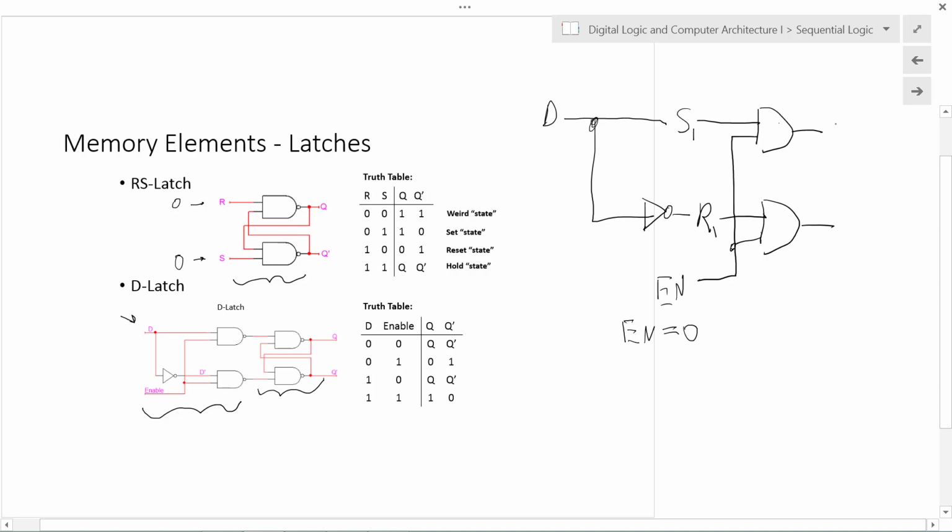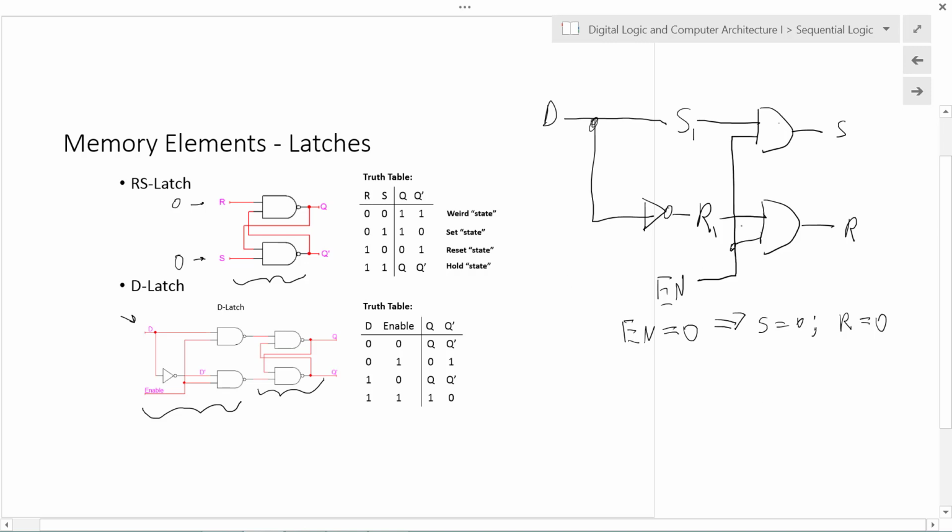Then we get S and R here. Notice that if En is equal to 0, this will imply that S equals 0 and also that R equals 0.